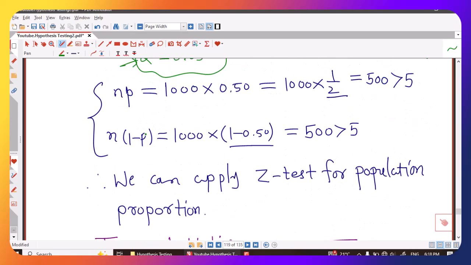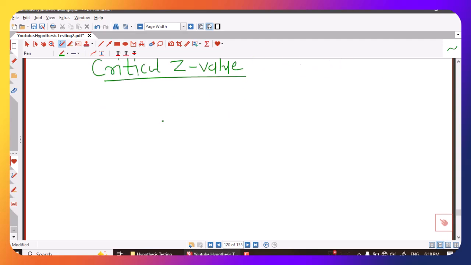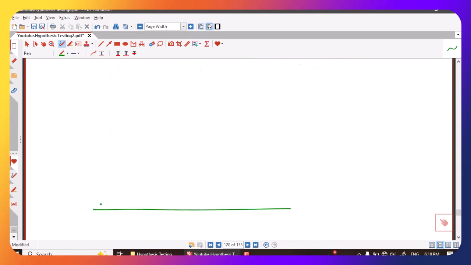Here alpha is 0.05, so alpha by 2 is 0.025, and we consider 0.025 area in both the tails because our alternative hypothesis is two-sided.